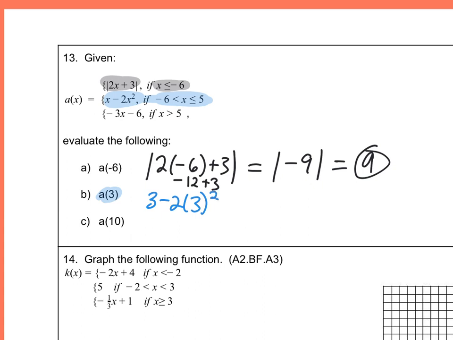What do I do first? 3 squared. What is that? 9. So this is 3 minus 2 times 9. 3 minus 18, which is? -15. Good. And then last but not least, A of 10.